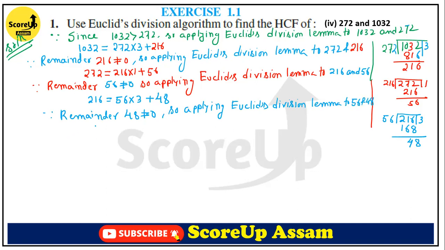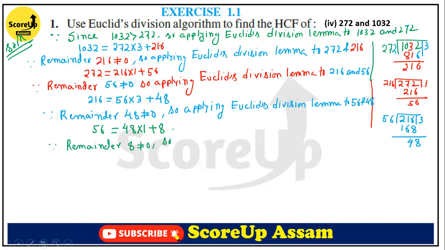Now 56 is equal to what can we write? 48 into 1 plus, how many times will it go? Plus 8. Now still the remainder is not 0. This remainder 8 is not equal to 0.